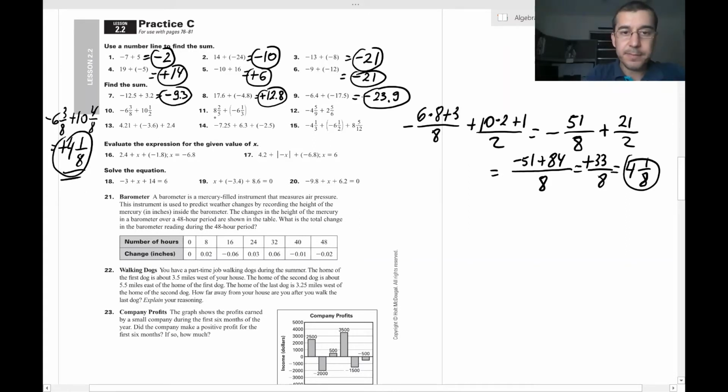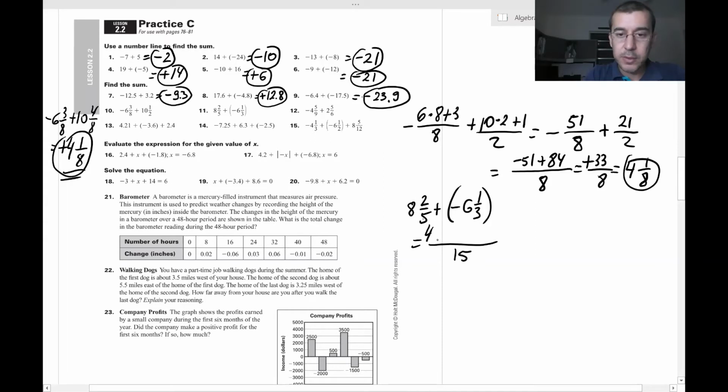Number 11, we have 8 wholes and 2/5 plus minus 6 wholes and 1/3. So the greatest common denominator is going to be 15. So we multiply first 5 times 8 is 40 plus 2 is 42.